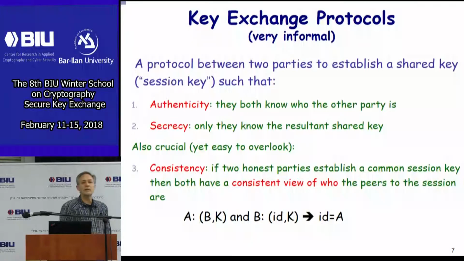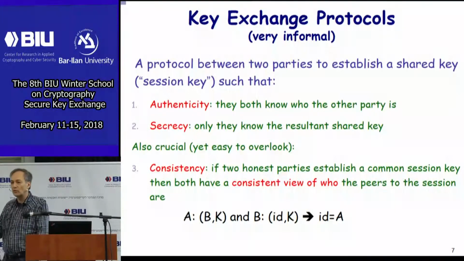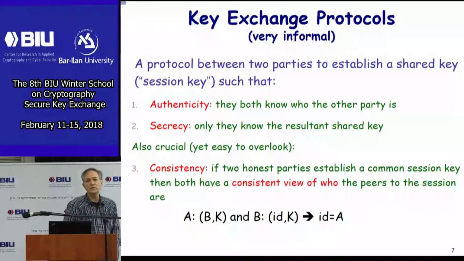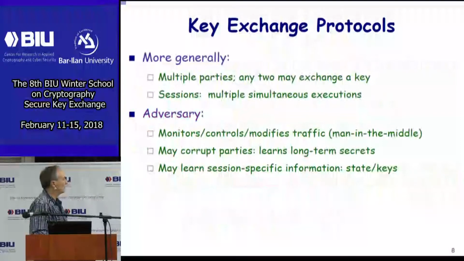If they exchange the same key, they need to have the same view of who they are talking to. Otherwise, there are problems, and we will see examples of how protocols can break this consistency property and what kind of problems that generates.